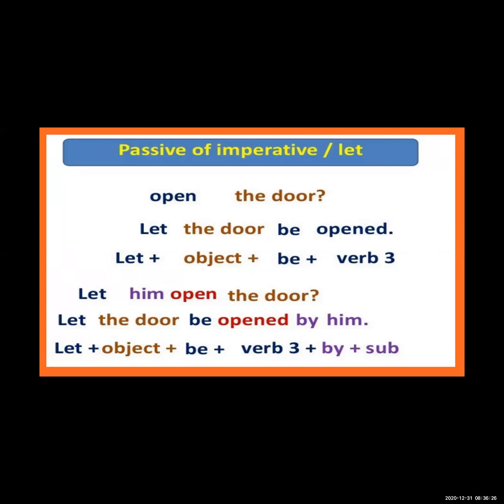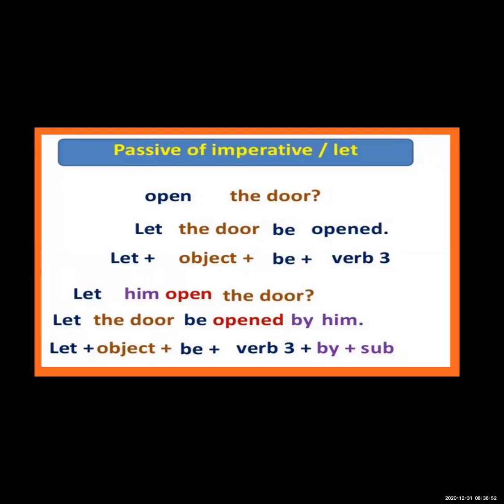Then plus by you have to add, plus what, him will become him only, plus subject, by him. So let the door be opened by him. So this is the passive of imperative or let questions, let sentence, question mark sentences, you can simply say like that.